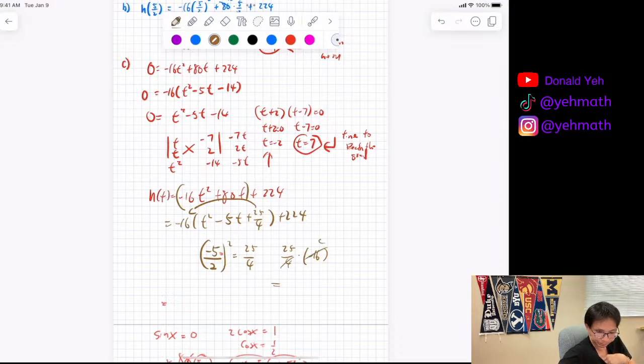Cancel out. So negative 100. So I have a negative 100 here. What do I need to do in the back? And that's equal to negative 16 times t minus 5 over 2, squared, plus 324.